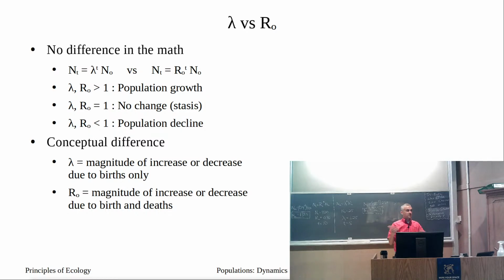So mathematically they function the same. Conceptually, lambda only deals with births, while R naught deals with births and deaths. You might say R naught gives us the average reproductive output, and yes, that's true, but it gives us the average reproductive output if our individuals survive, and it accounts for that survival. So that's where our births and deaths come into play. Got it?